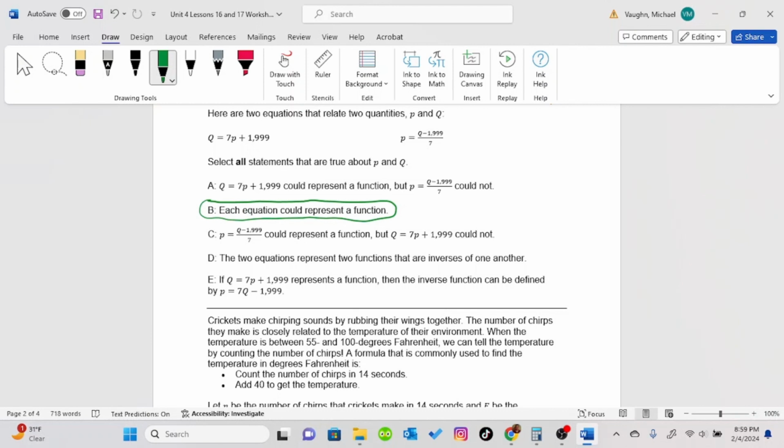So if I wanted to find the inverse of Q, the first thing I would do is subtract 1,999 from both sides.